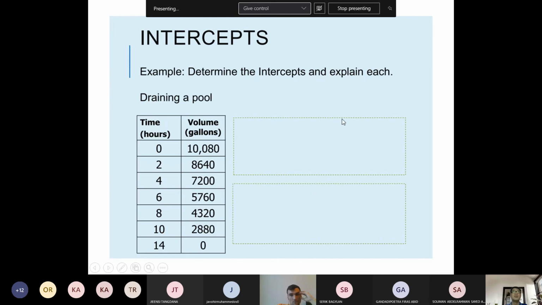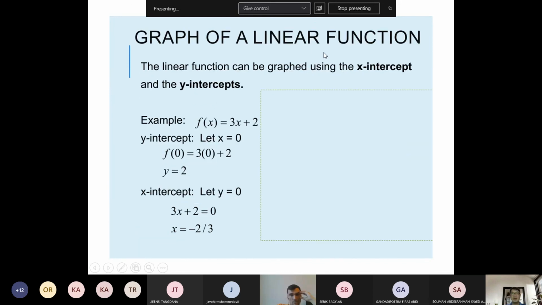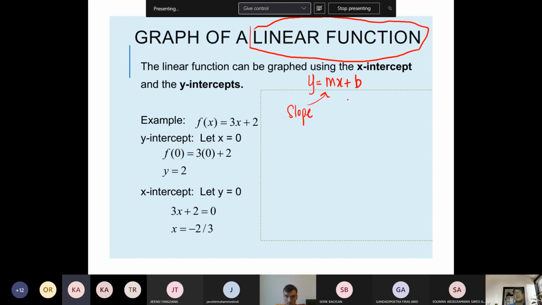I'm going to skip this one. Now after we learn the linear function, what is the form of a linear function? We say y is equal to mx plus b. So what is the m? The slope, a real number, the gradient.